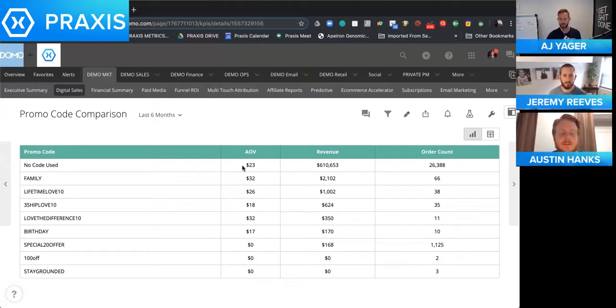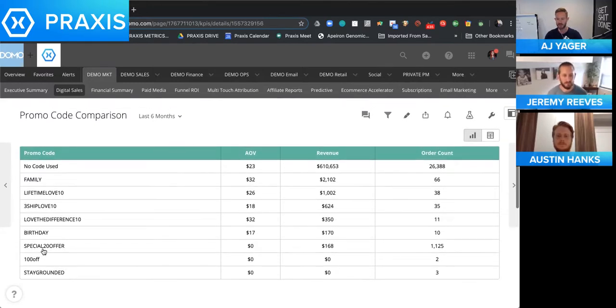It gives you a real easy way to compare those AOVs against each other. It also helps you understand where your holes are in your naming conventions or your SOPs, because if these look like gibberish, then somebody put out a bad promo code and people are trying to type in whatever. It's nice to see right next to each other.